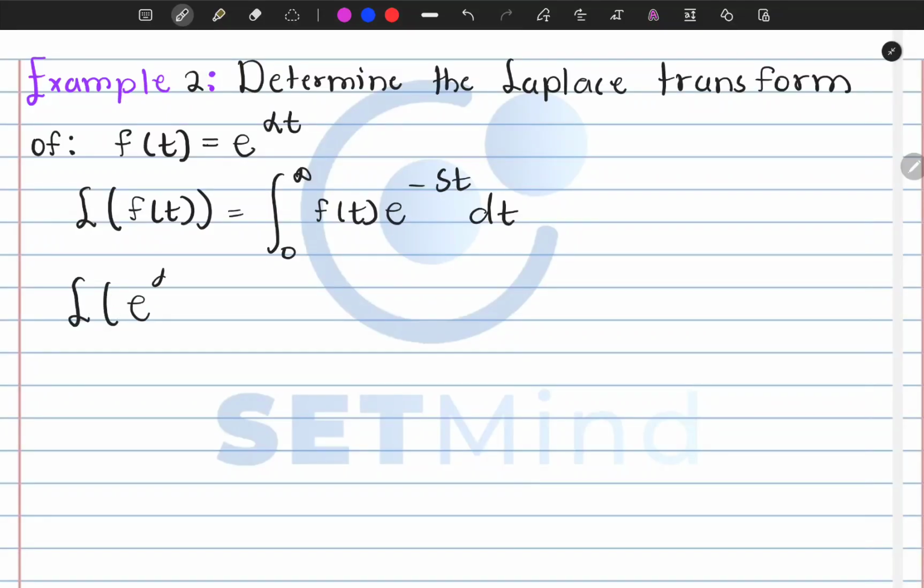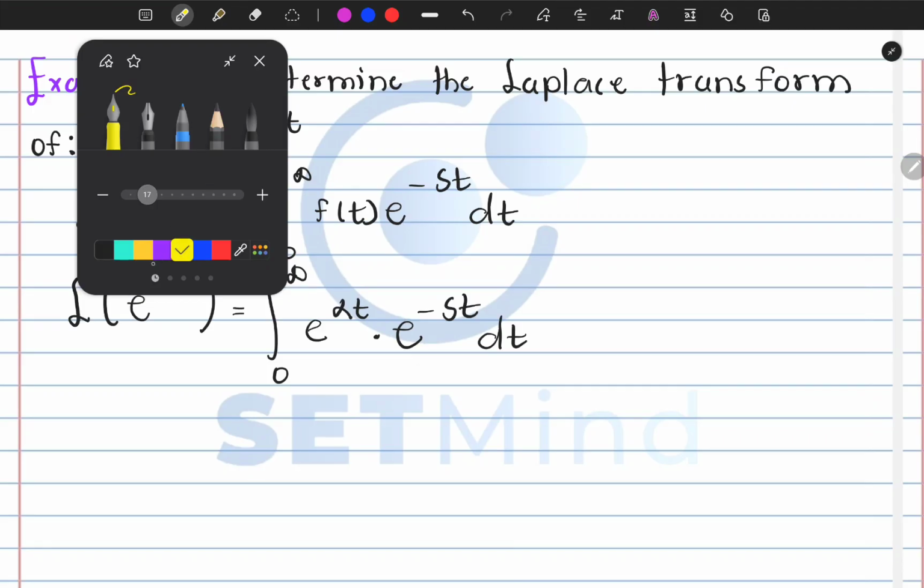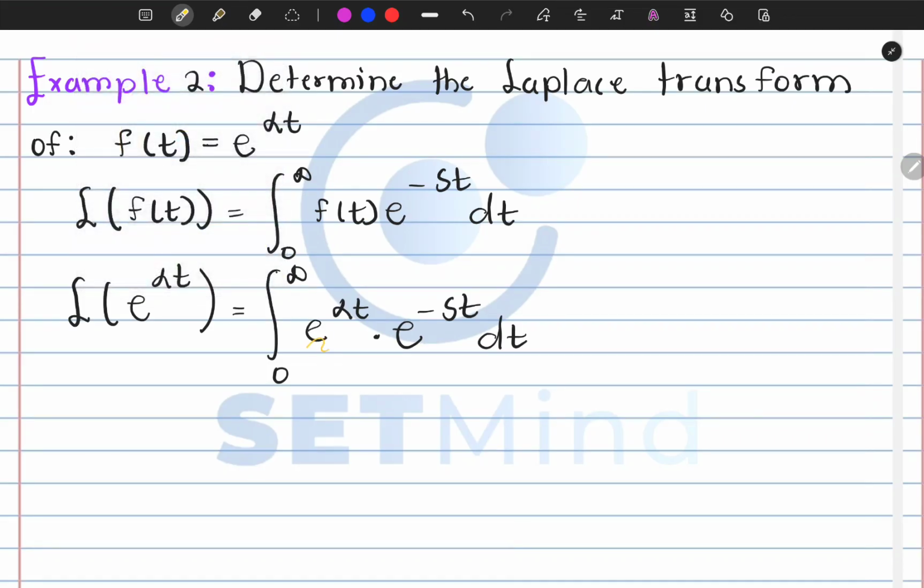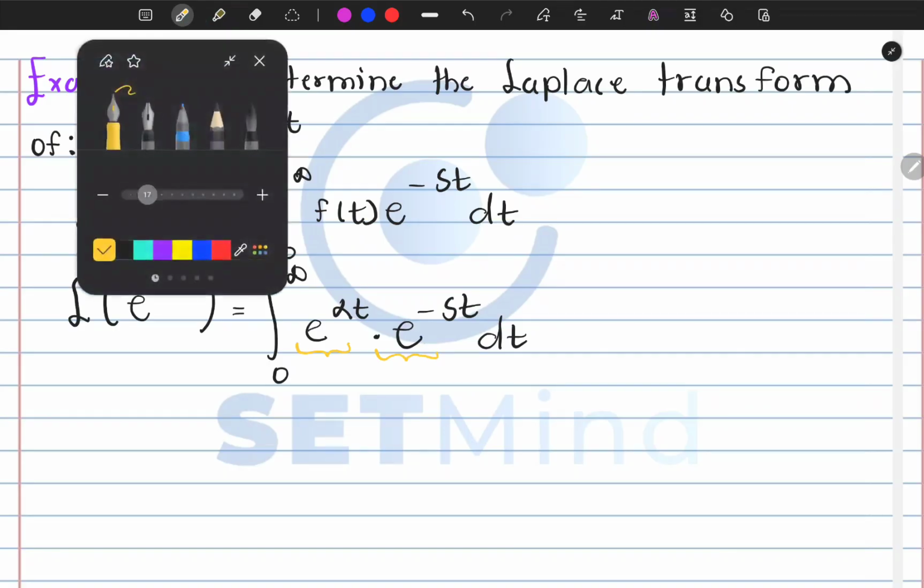So we're taking the Laplace transform of e to the alpha t, and this is the same as the integral from 0 to infinity of e to the alpha t multiplied by e to the negative st dt. With this, there's something which you learned when you were very young, about multiplying the same bases. So what happens to the exponents? We add them.